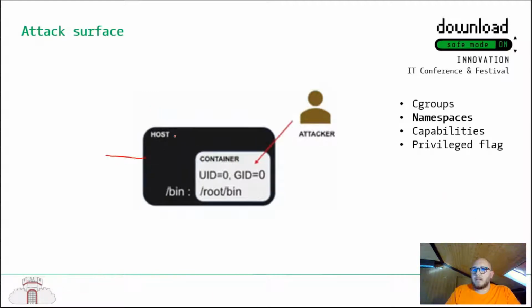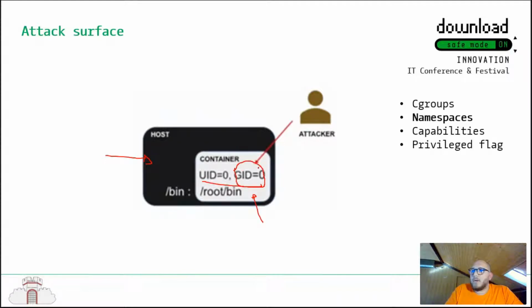You have the host machine, which is in black, and you have the container in white right here. And that someone here is an attacker, but it doesn't matter if it's an attacker or not. You have the attacker inside the container with the root privileges.